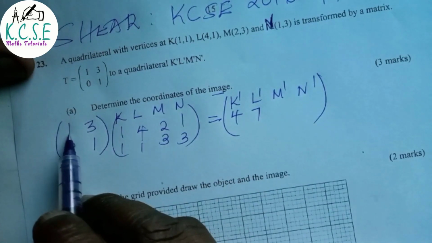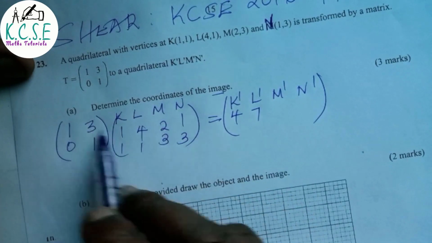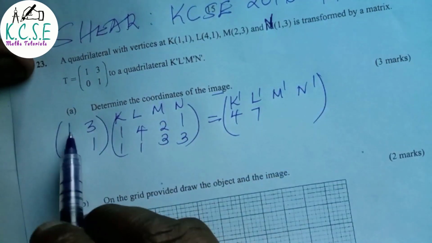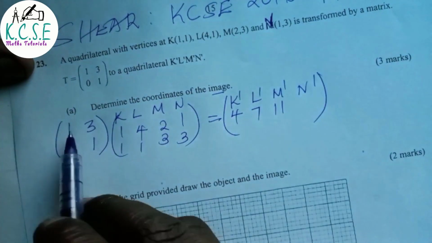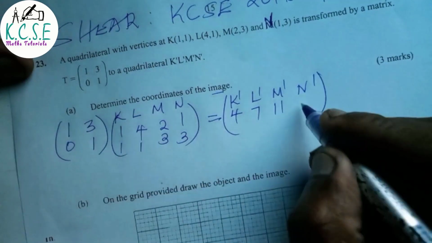Row 1, column 3: 1 times 2, plus 3 times 3, so 2 plus 9, which will be 11. The other one will be 1 plus 9, which will be 10.